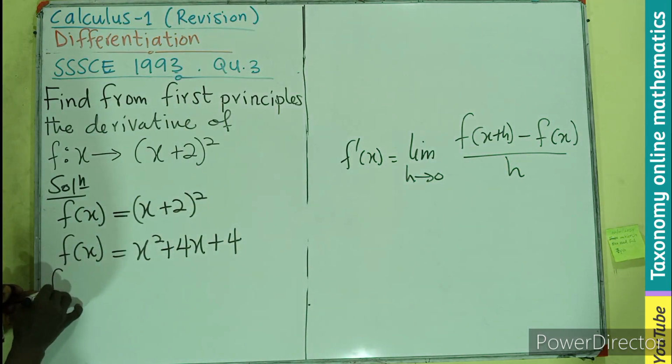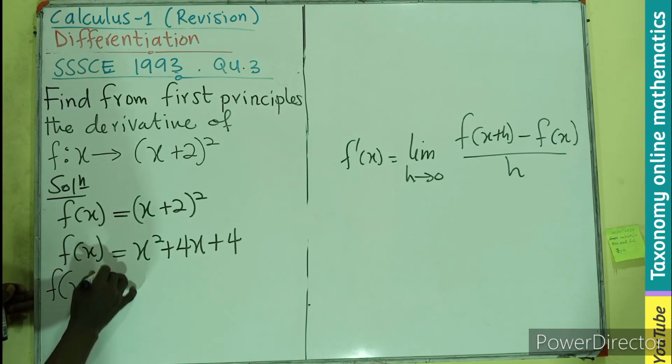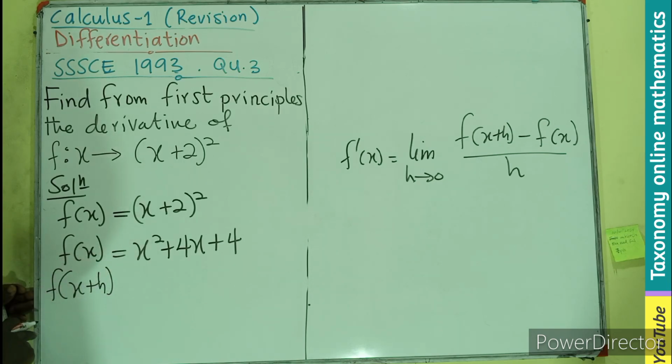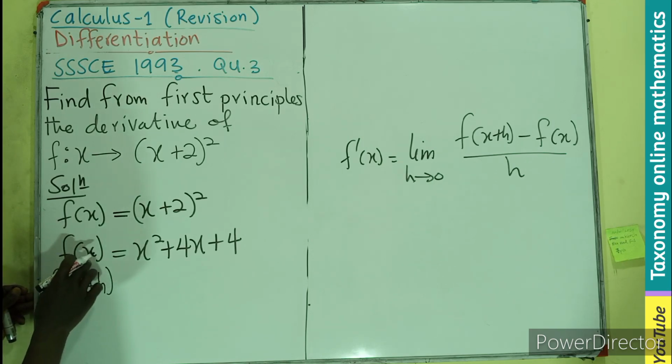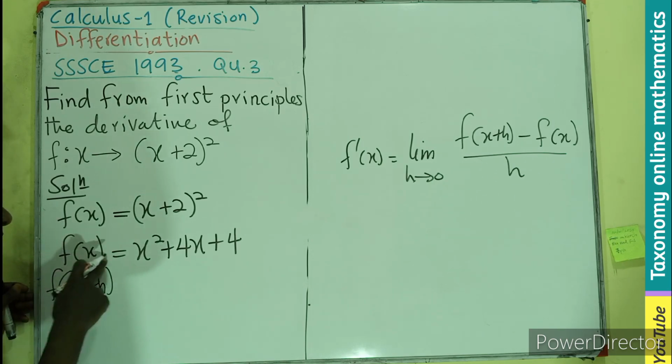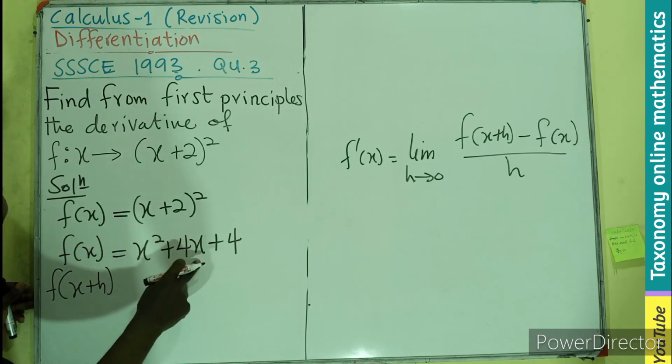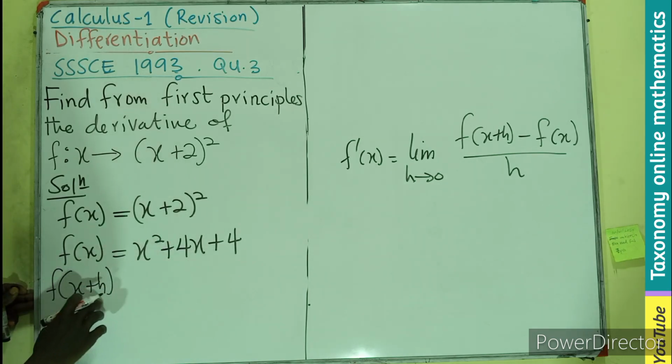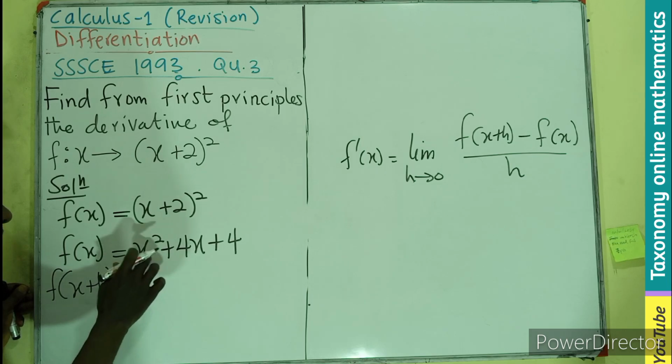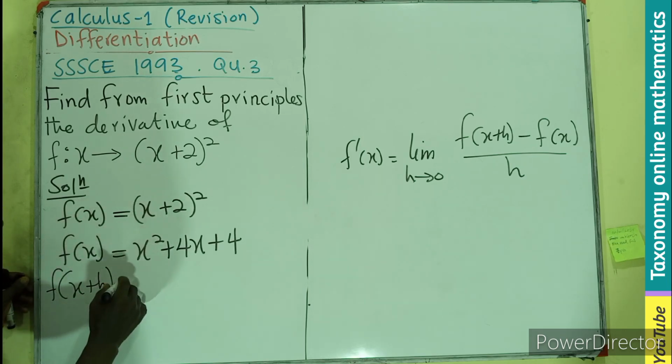So if I take the function x plus h, that is the function f with x plus h, you can see there whatever you are seeing in here in the bracket is what is represented by the x. So if the x is being increased by a small change, the value of x in the original will also be increased.